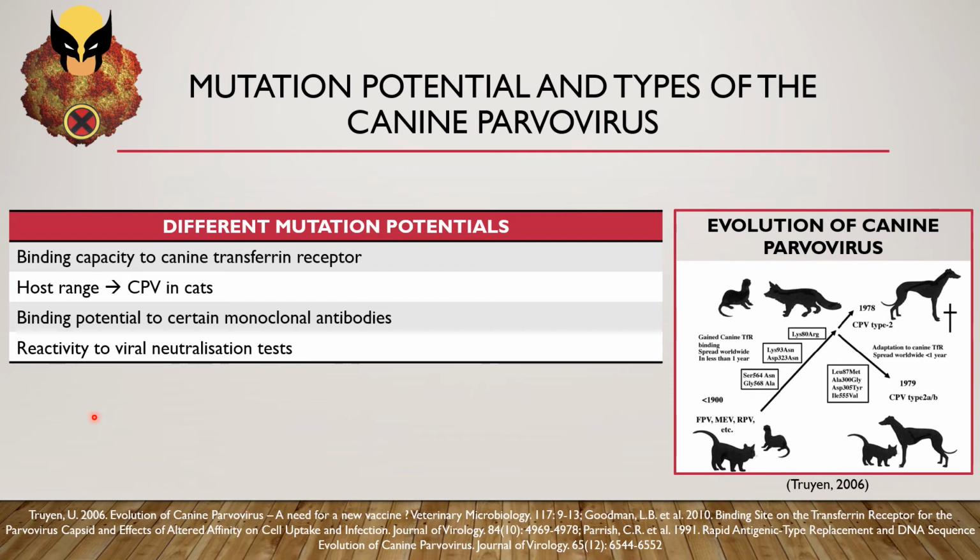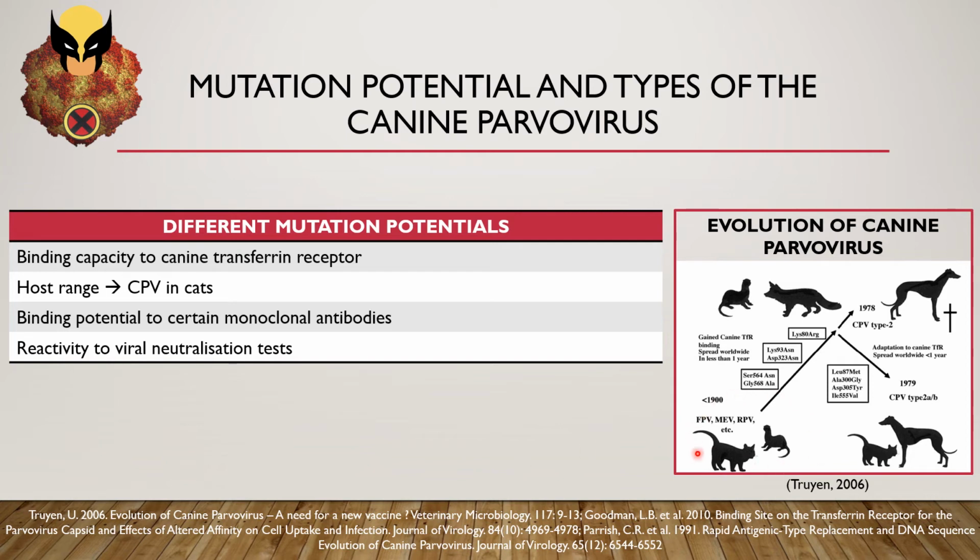Canine parvovirus is a relatively new virus. Research suggests it emerged approximately 60 years ago. And like most fast-replicating entities, it is continuously evolving and prone to mutations. This gives rise to new antigenic types and virus mutants within dog populations.